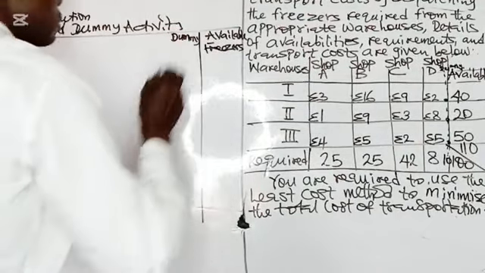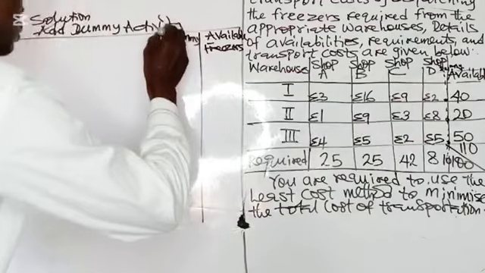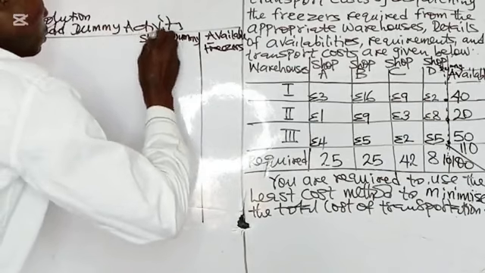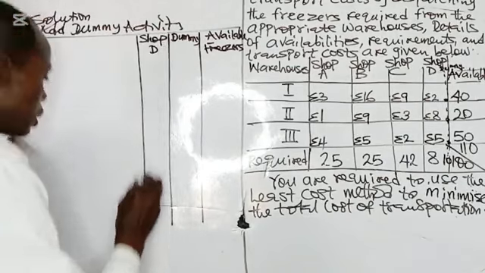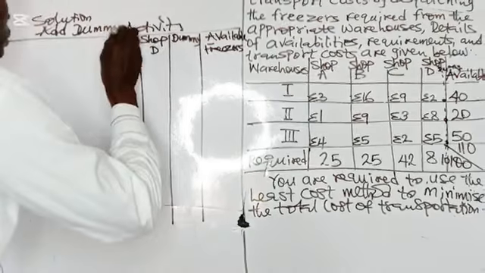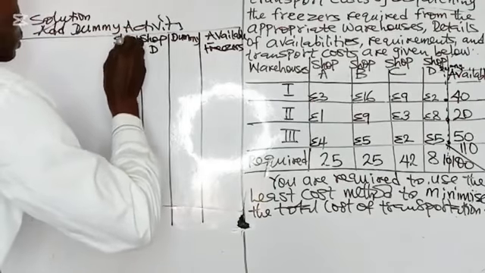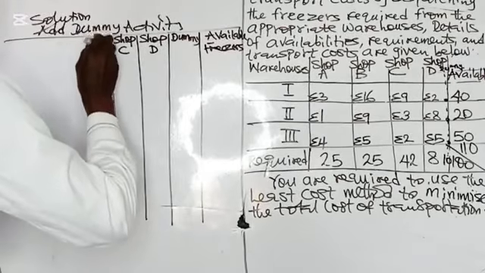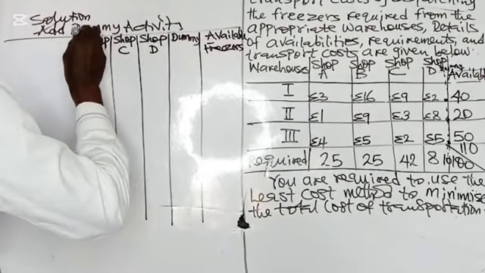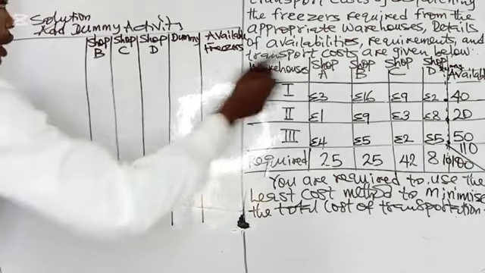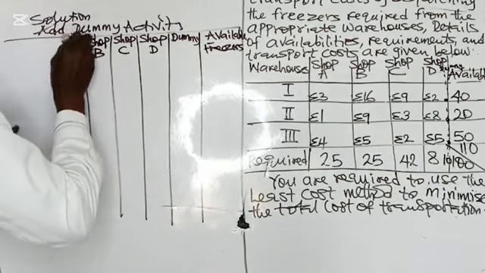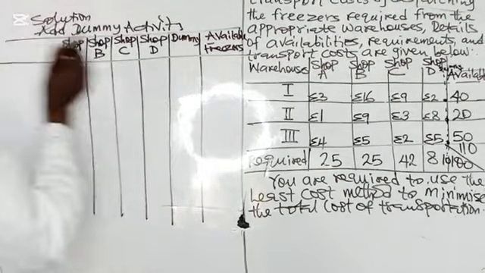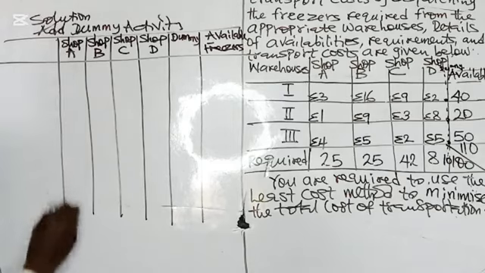Then we have shop D, shop C, shop B, then shop A. Then we have warehouses.